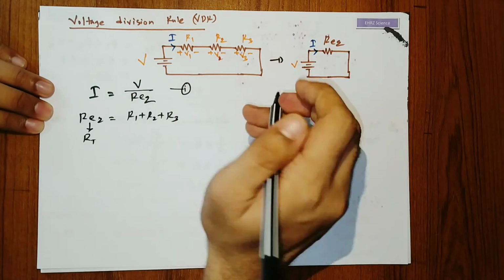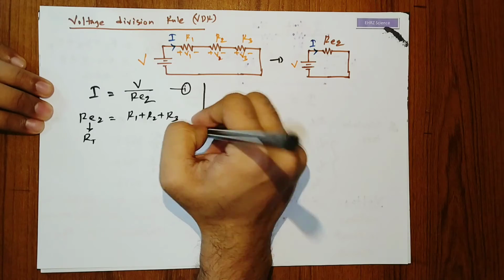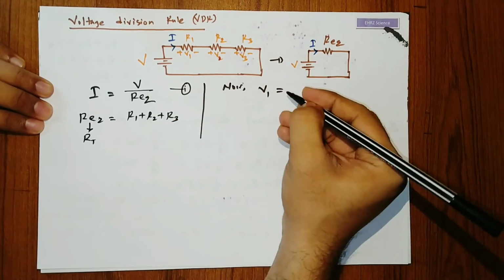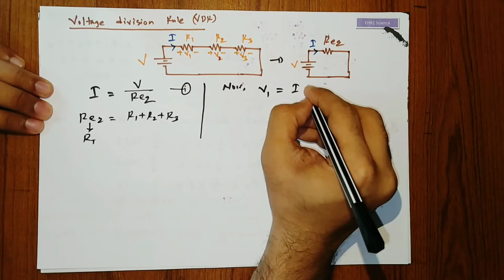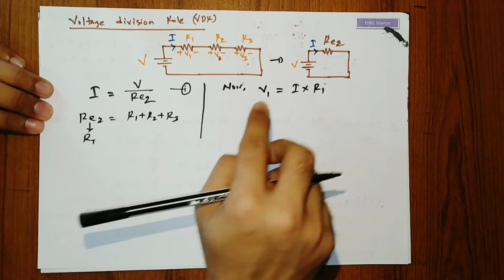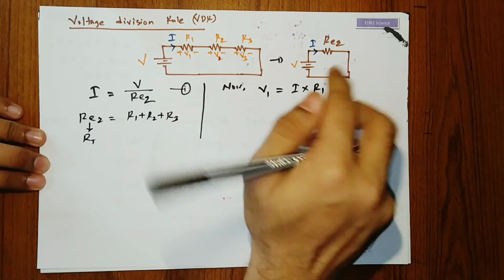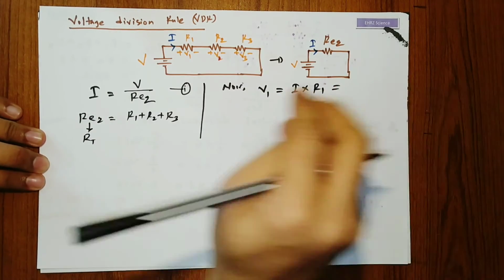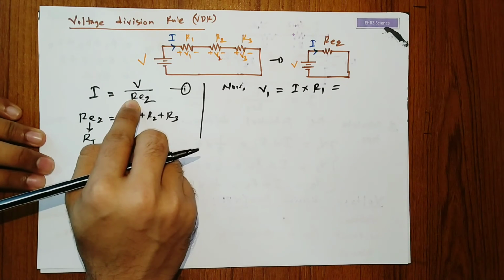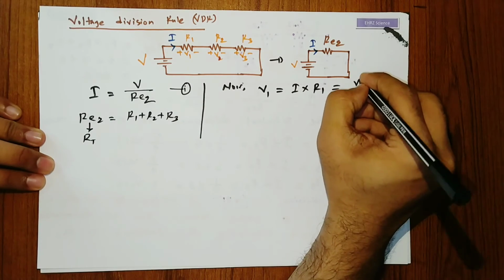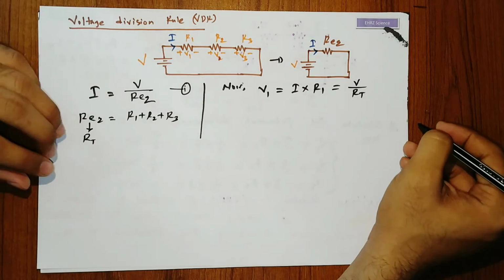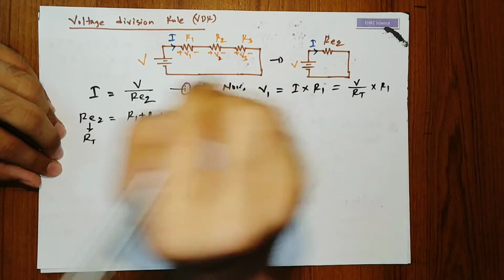Now, what is V1, students? We know that V1 is equal to I times R1. So, what is I? From equation 1, I is V divided by RT. So V1 is V divided by RT times R1.